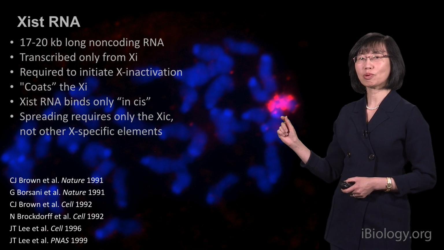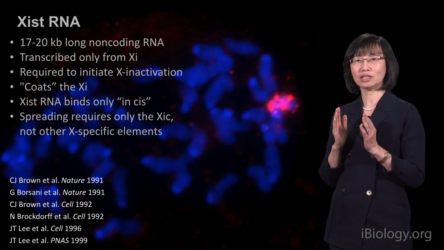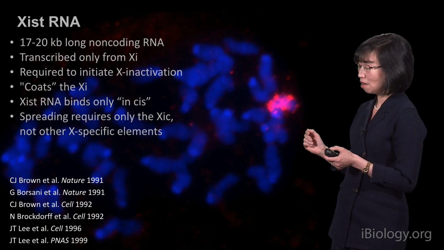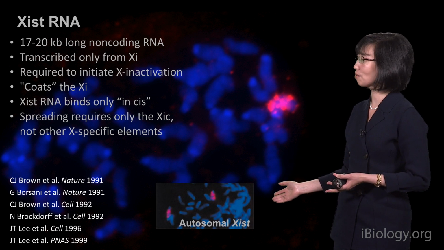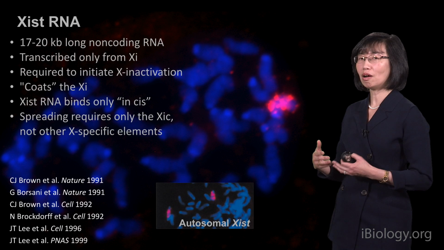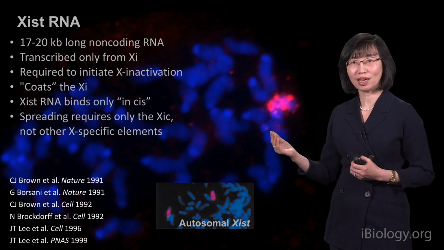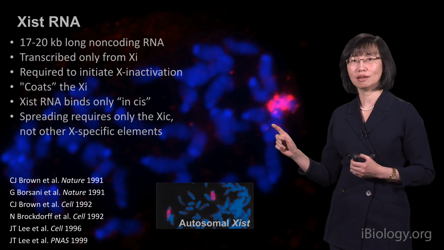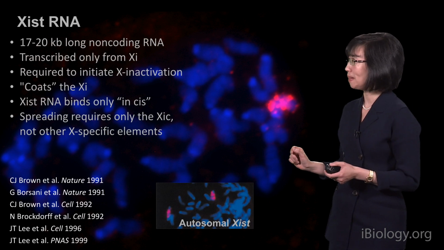And we know that this property belongs to the small piece of DNA called the X inactivation center, because when we place the inactivation center on an autosome, so a non-sex chromosome, we see that Xist can also coat that chromosome in cis without spilling over into any of the other chromosomes, including the X chromosome, where it normally would be produced and would be spread.